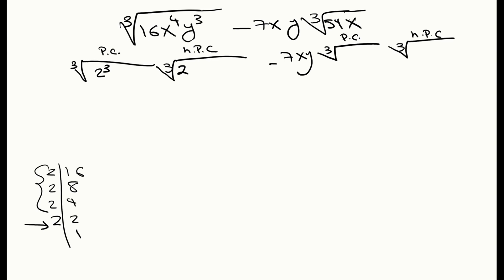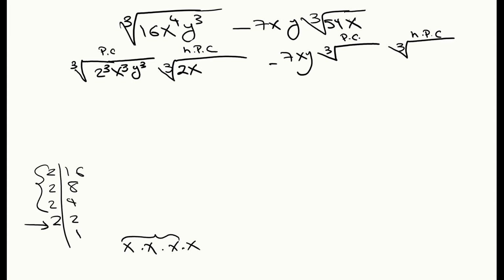As far as x to the 4 is concerned, remember that's just 4 factors of x, so obviously there's an x cube in there we can take out and put inside the perfect cube radical. That leaves us with 1 factor of x here, and y cubed is entirely a perfect cube, so we'll go ahead and bring all of that into the perfect cube radical. And that should be the end of this first term.